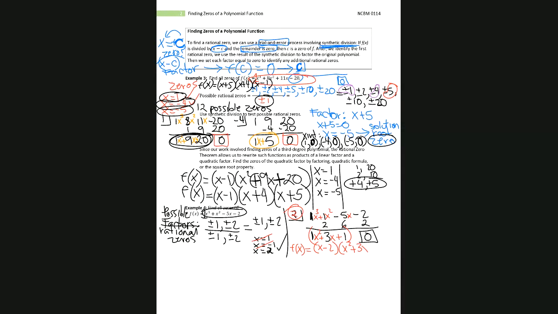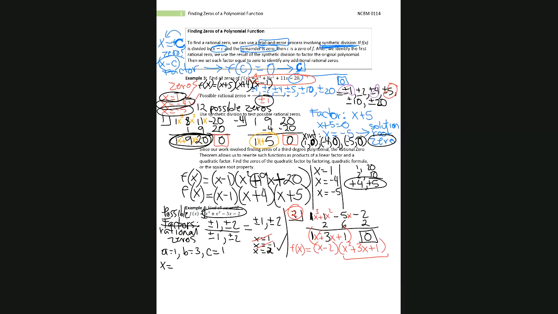And unfortunately here, there's nothing else we can do because this trinomial is not factorable. The only thing we could do at this point is use the quadratic formula. And so I'm going to do that quickly. So we have that a is equal to 1, b is equal to 3, and c is equal to 1. So I'm going to use the quadratic formula to find the remaining solutions or roots.